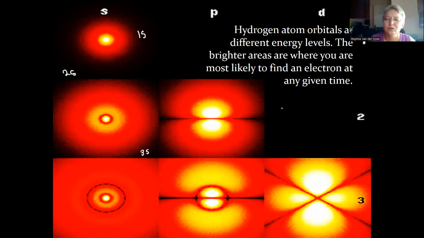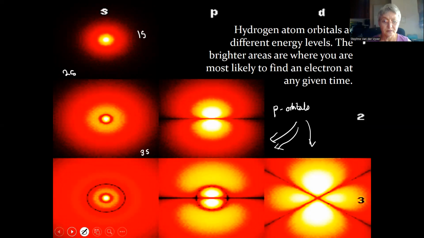And here you'll have the p orbitals. And this would be the 3 p orbitals together. You've got them along the x, y, and z axis. I'm only showing you these images for interest's sake, to make the electron structure a little bit more visual in your mind.